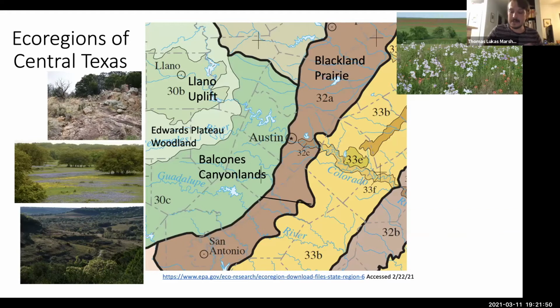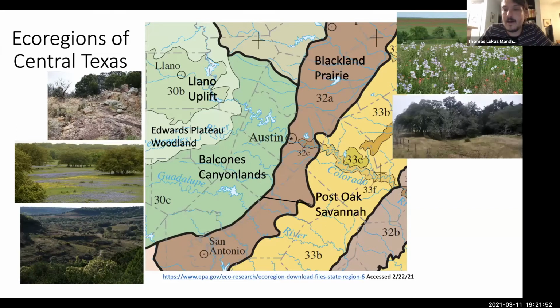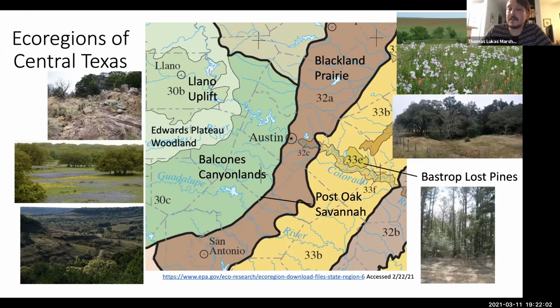And then to the east, we have the post oak savannas, which are a mix of post oak woodland and grasslands. And within the post oak savanna is a region that a lot of you may know about, called the Bastrop Lost Pines. This is an ecoregion with lots of pine forests and is more typical of what you might expect further east in East Texas.